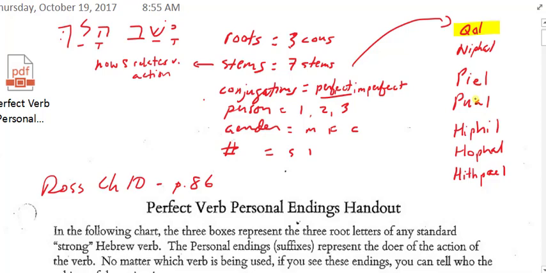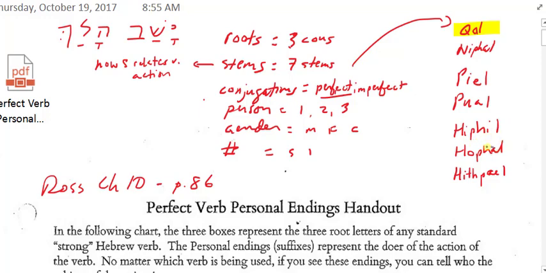Okay, the piel and pual are related to each other, where the piel sometimes intensifies a verbal action, and the pual stem is basically the same as the piel stem, except the subject's active in the piel and it's passive in the pual. The hifil and the hofal are what are called causative stems.